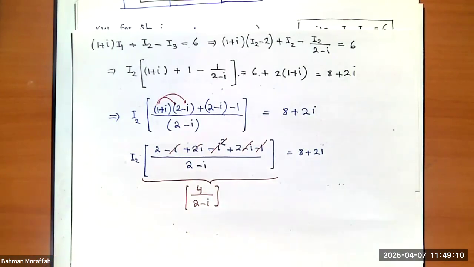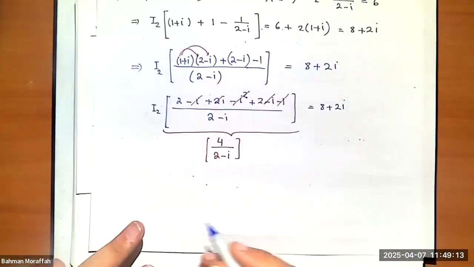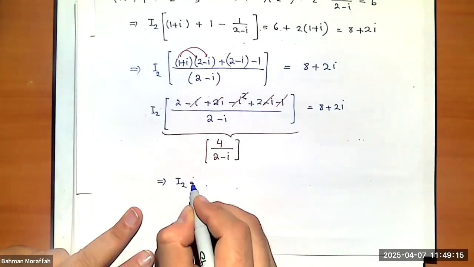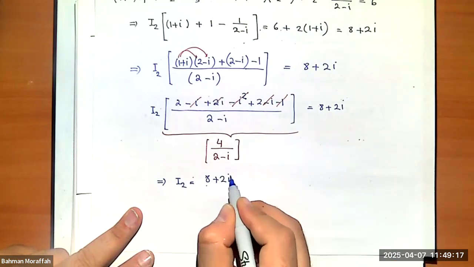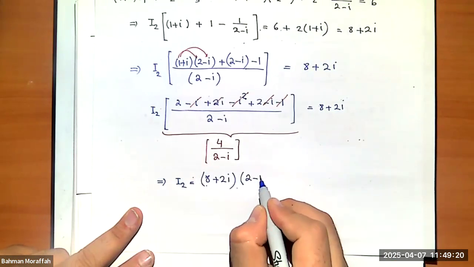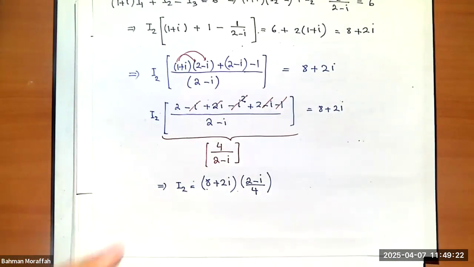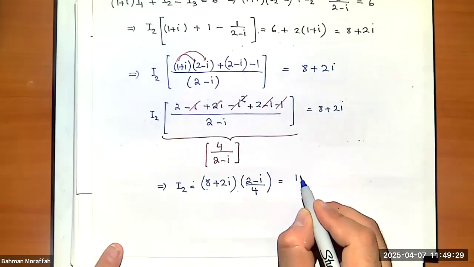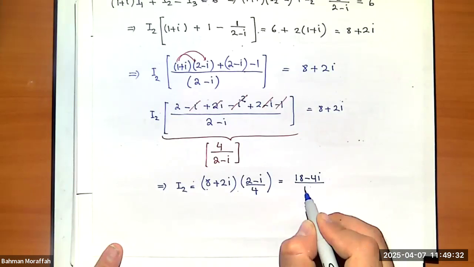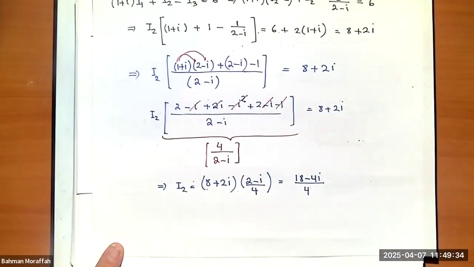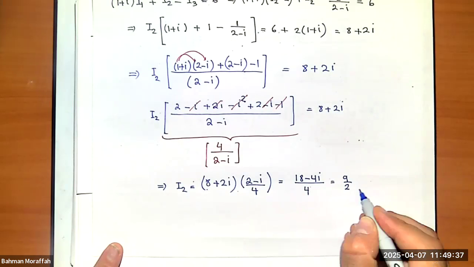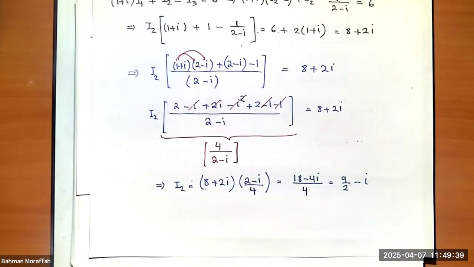I can find I2. I2 is (8 plus 2I) times (2 minus I) divided by 4. Again, I can distribute this, and if I do that, I get (18 minus 4I) divided by 4, which is 9 over 2 minus I. As soon as I know I2, I can find I3.